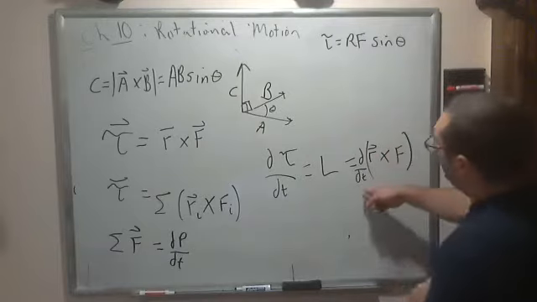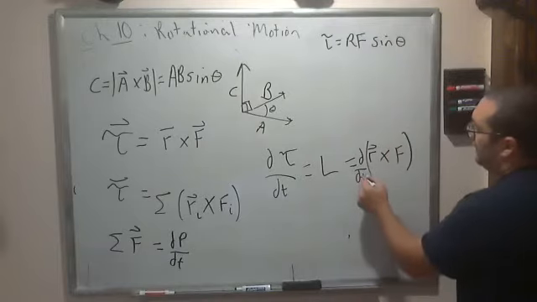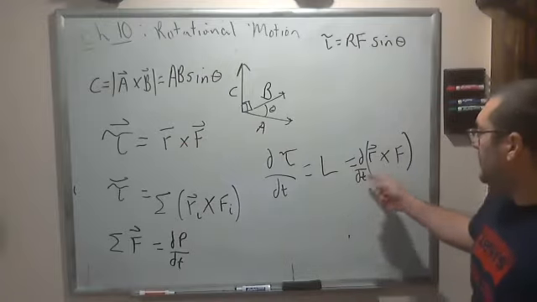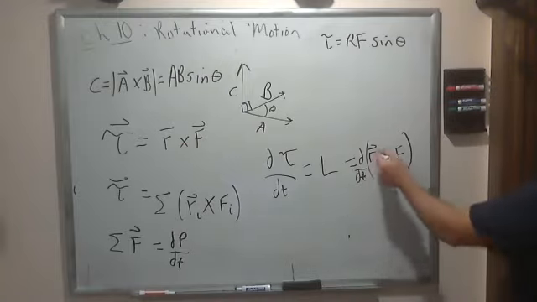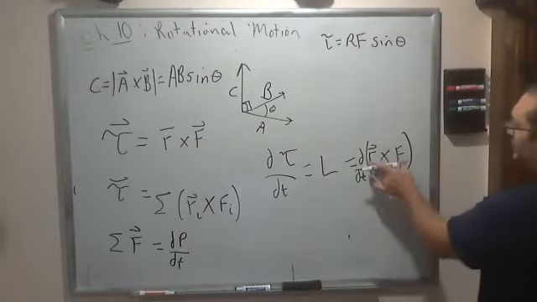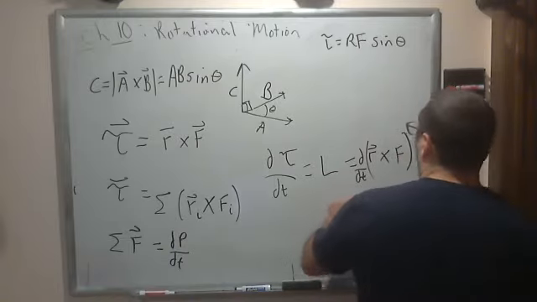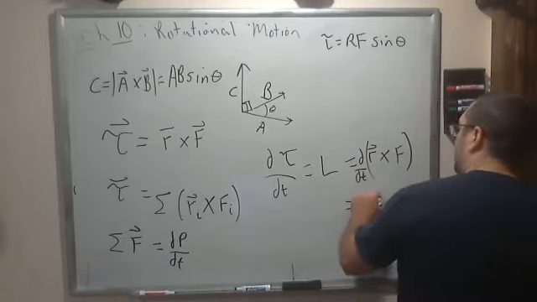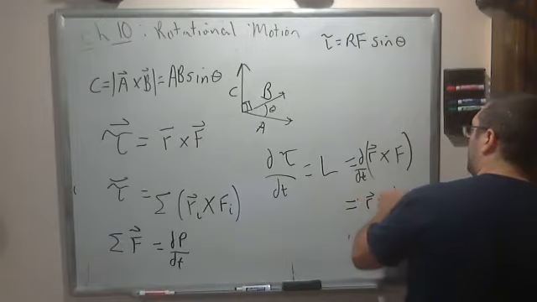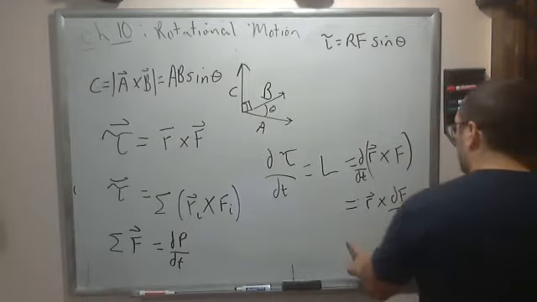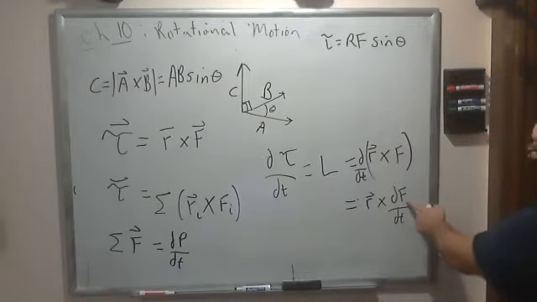And the way the derivative works with cross products, you just use it like the product rule, where you take the derivative of this plus this term with the derivative of that. So here R is constant, so it would be just this, right?